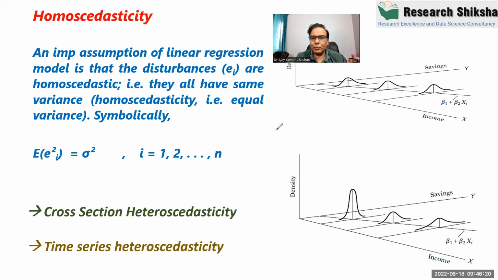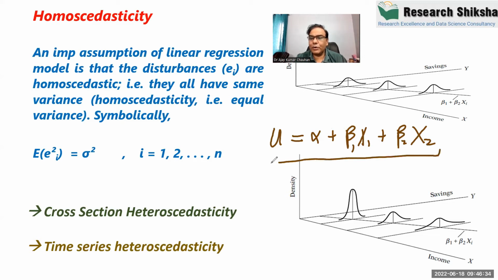If I take this regression model, beta 1 x1 plus beta 2 x2, and plot the error term with respect to x, do you feel there is any relationship between the error term and the x values? This is the basic root of all the tests. All the heteroskedasticity tests are based on this concept. If you see this graph carefully, it is telling you that as x increases, the error variance also increases.